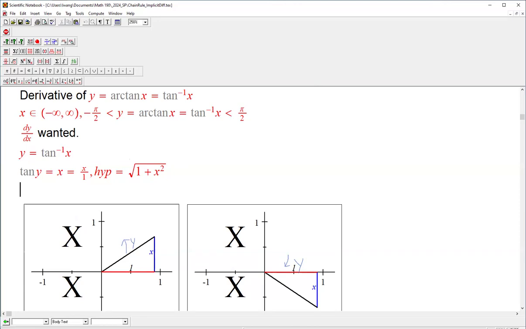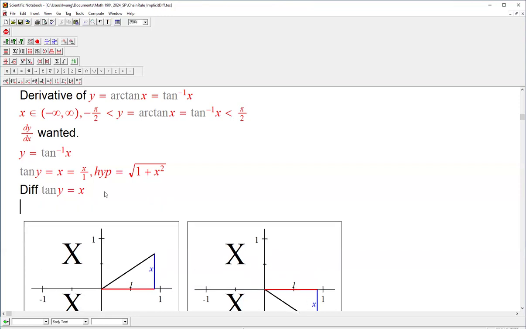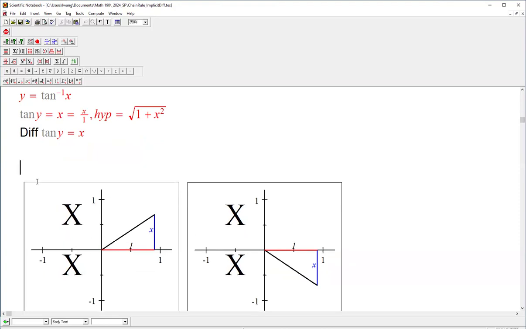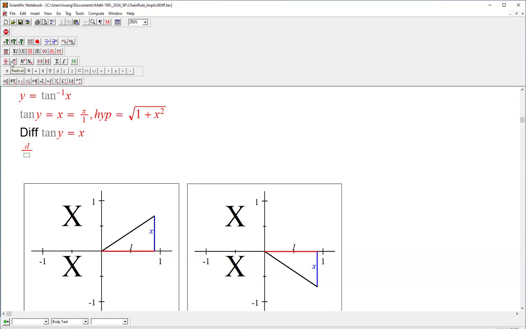With this information, we're going to start taking the derivative. So we start to differentiate. Let me clean this up a little bit. We're going to differentiate this relationship, meaning we take the derivative on both sides of this equation. So d/dx of tangent y equals the derivative with respect to x of x, and that equals 1.